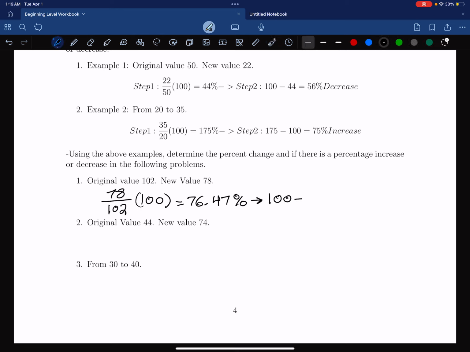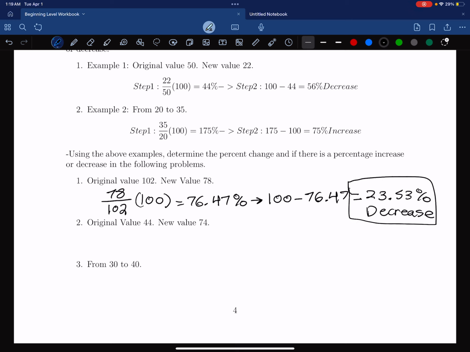So we do 100 minus 76.47, and that gets you 23.53. So we have a 23.53 percentage decrease, and that is our answer.